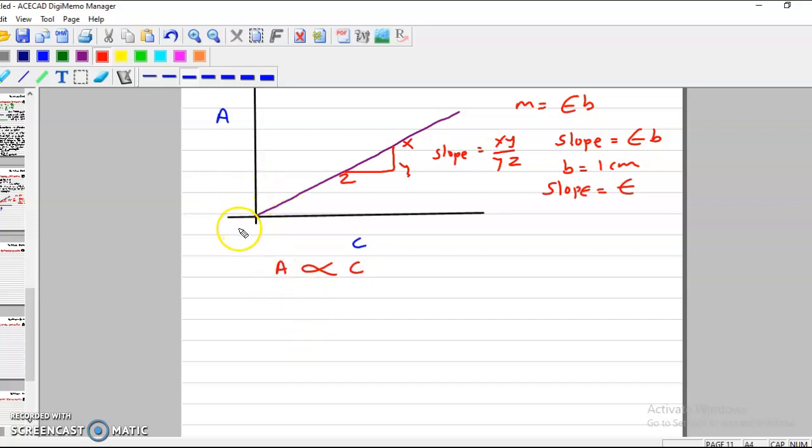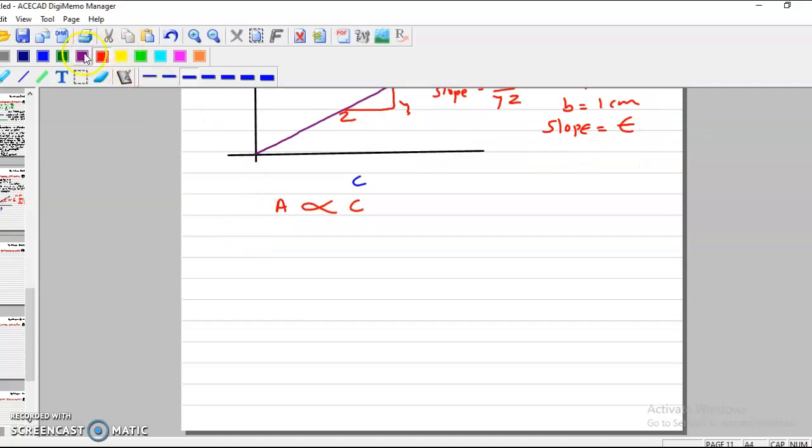Now we will see the relation between transmittance and absorbance.